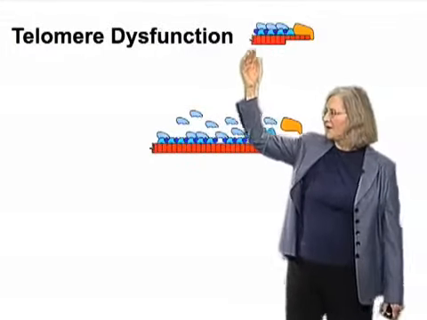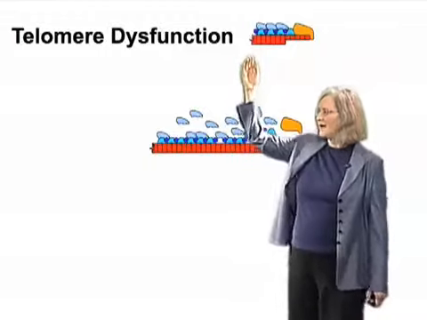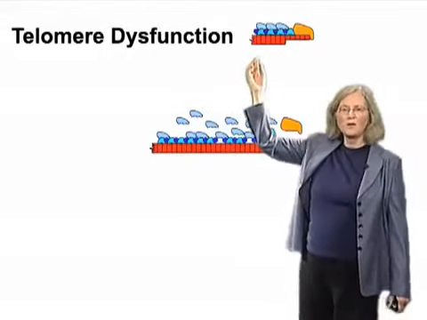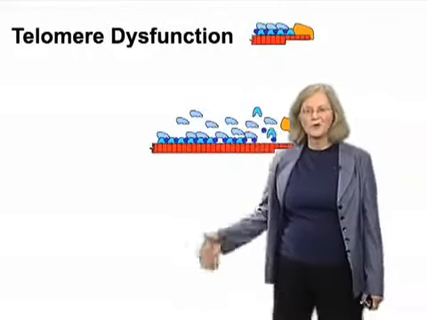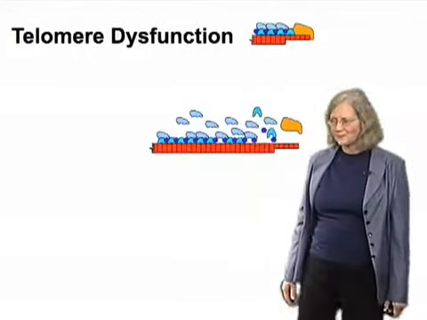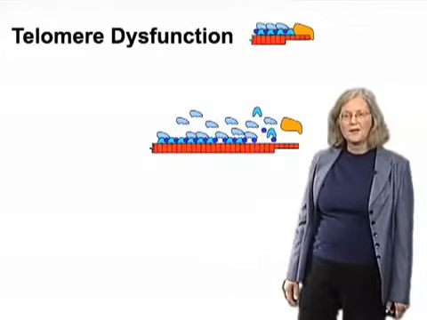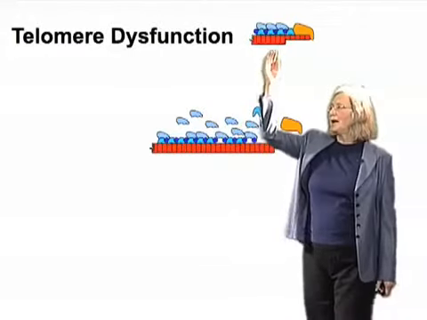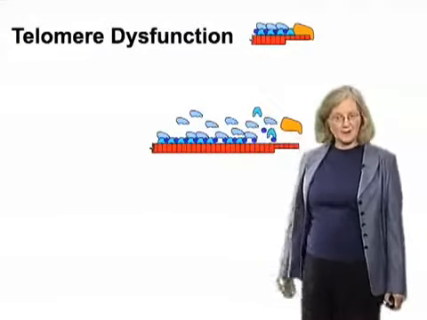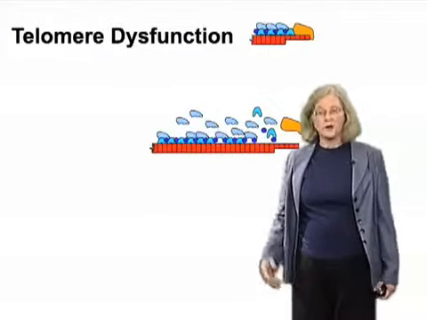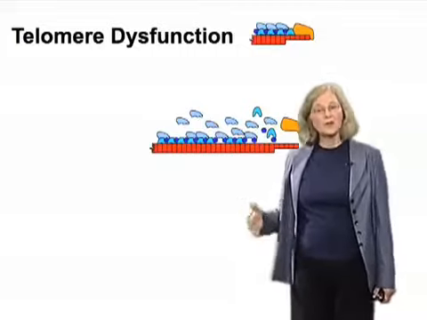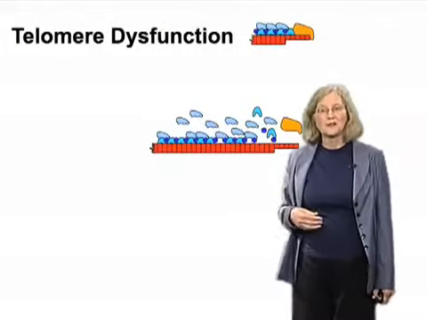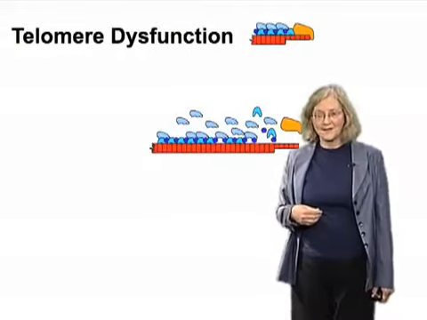It's just not enough of the length of the repeats to form a nice long array that can form this higher order structure that's necessary. This kind of dysfunction caused by the shortening of a telomere can happen naturally, and it does, and we'll get back to that in a moment because this is going to be an important part of these lectures, and in fact it'll be really the focus of the third lecture in this series.